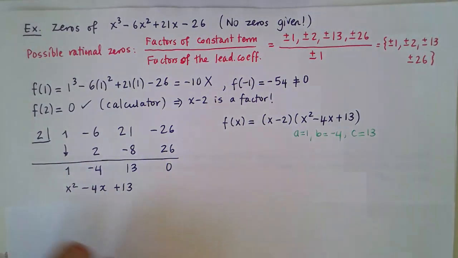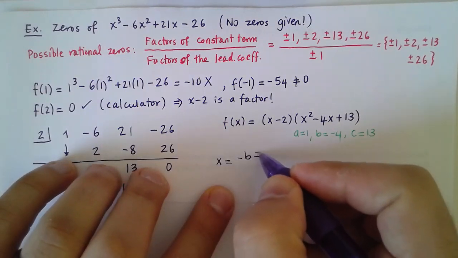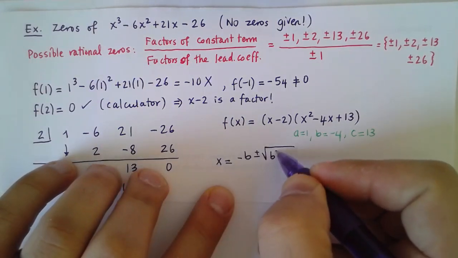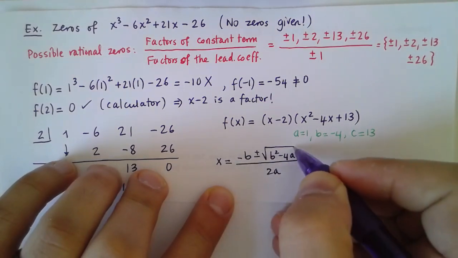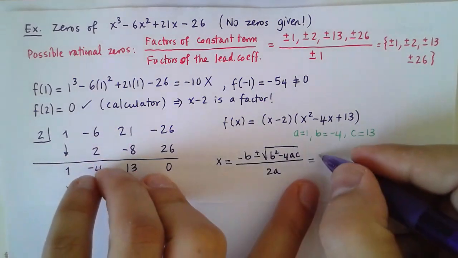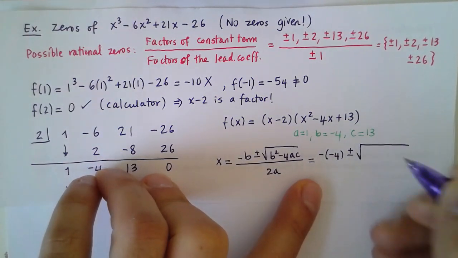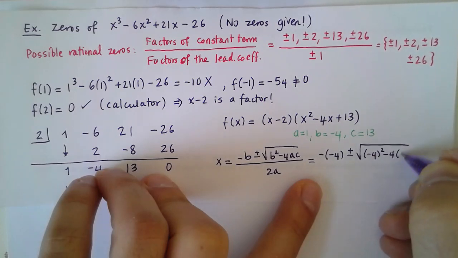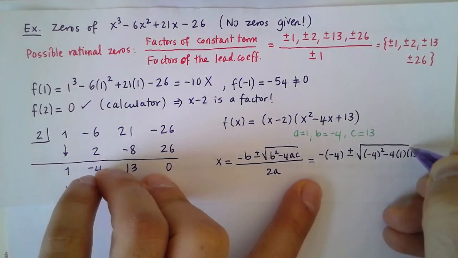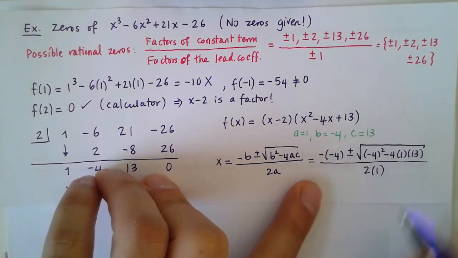Let's use the quadratic formula. So x equals minus b plus or minus the square root of b squared minus 4ac, divided by 2a. That will give us 4 plus or minus the square root of -4 squared minus 4 times 1 times 13, and the whole expression divided by 2 times 1.